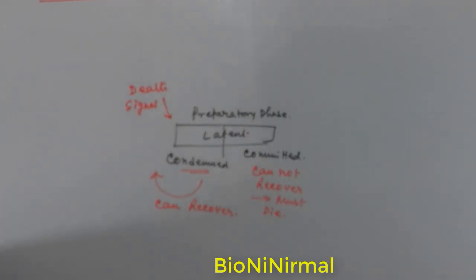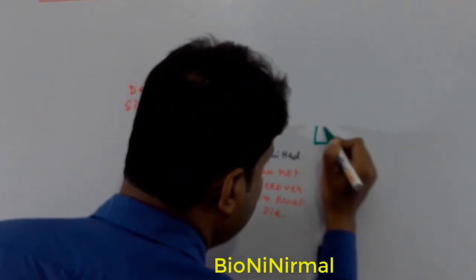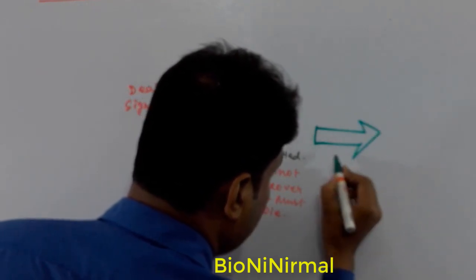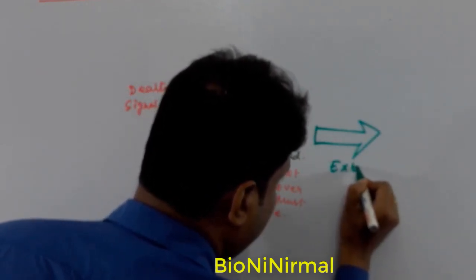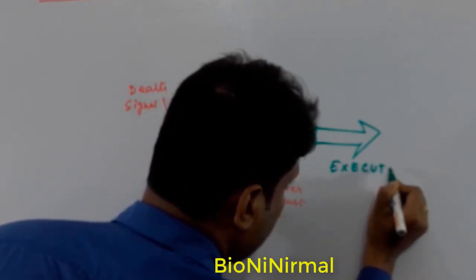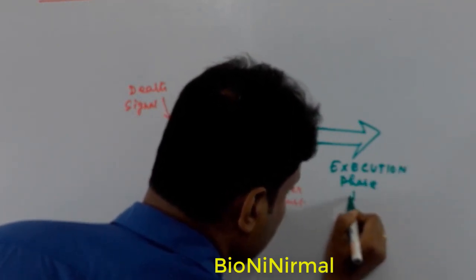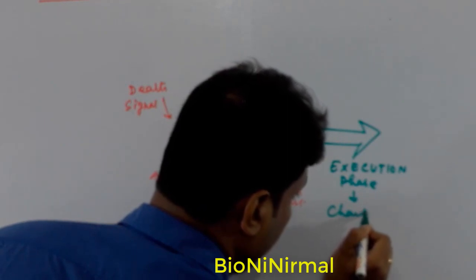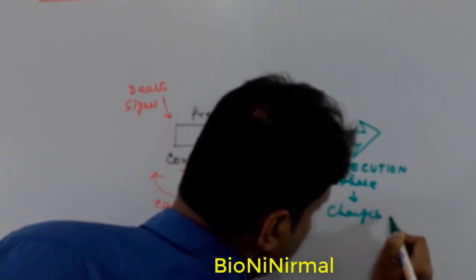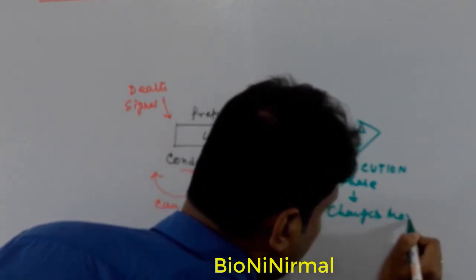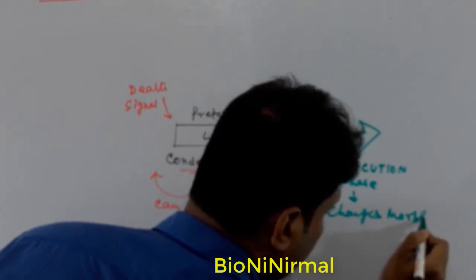Usually this takes a huge time. So the latent phase takes a long time, but after the latent phase, the cell undergoes the execution phase, and during this time many changes occur, including changes in the morphology of the cell.